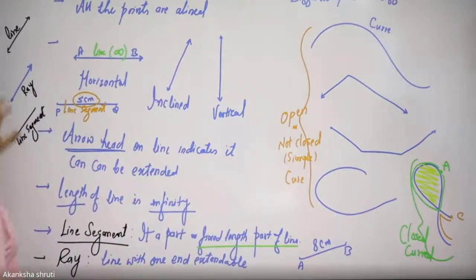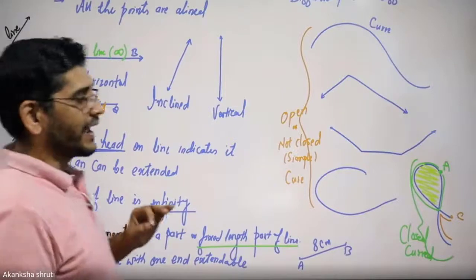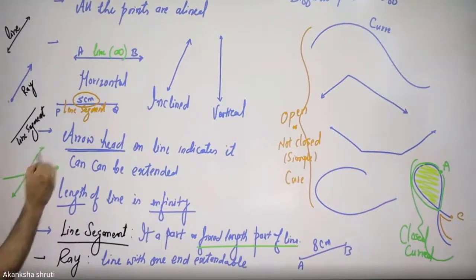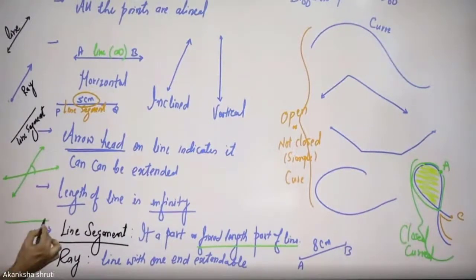Then between two rays, or two lines, or two line segments, or a ray and a line segment, angles are formed. It means when the lines are inclined, one is here, another is here, then the angle is formed. The angle may be formed between two rays, like here.